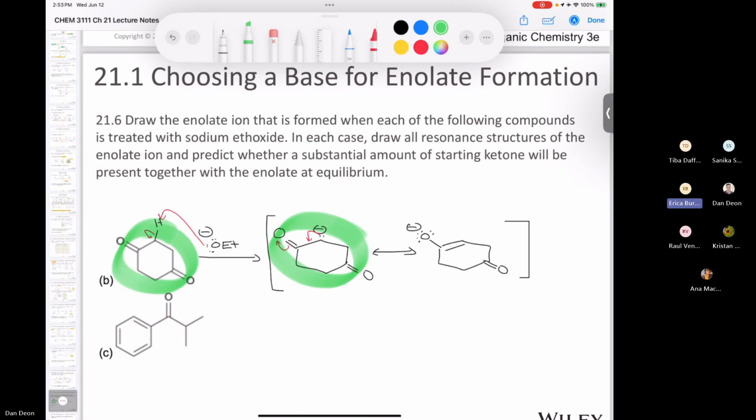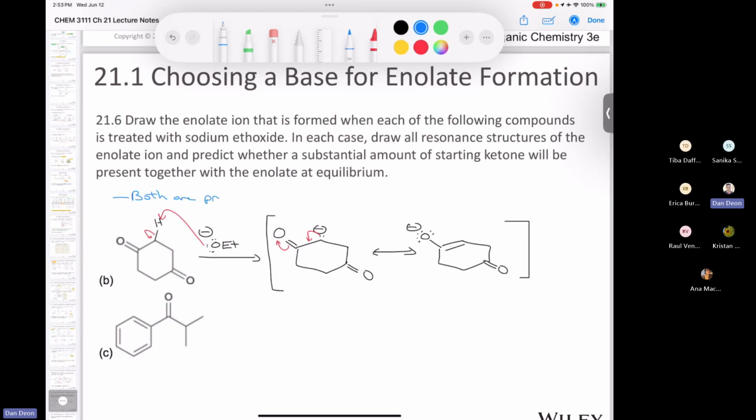Would you have both of them? Absolutely. Yep, totally. The reason you would have both in this case, we'll put here both are present at equilibrium, like that. And the reason why is because the pKa of this proton is probably around 17-ish, okay? And the pKa of ethanol is around 15-ish.